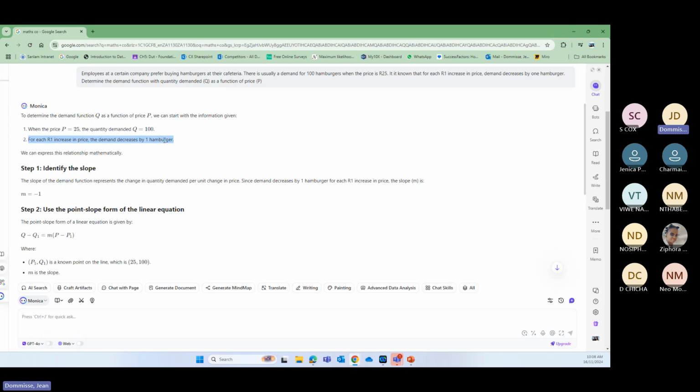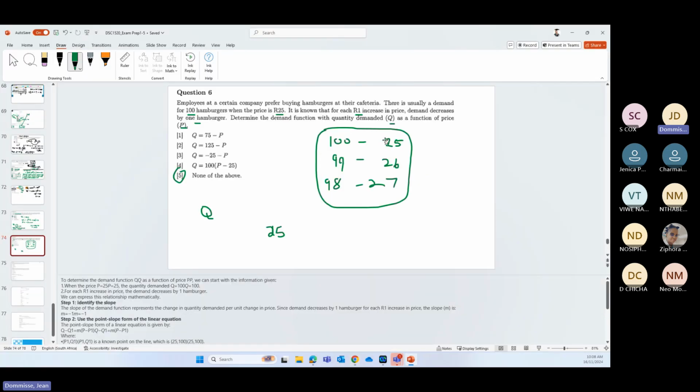For each R1 increase, the other one goes down. So that in effect is giving us the slope. As the one increases, we could have gone here and said, again, regarding your comment around the slope, we've got the one point, we've got the other point.